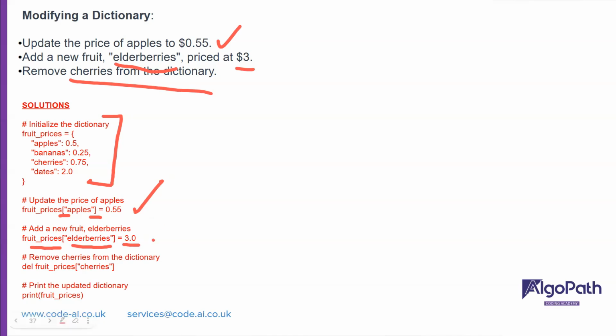Maybe they're out of season. Maybe we don't have any left. Let's delete the fruit prices of cherries. Nothing else required, no equal sign, no value needed, just the name. Once you delete the name, that is the key, then everything gets deleted with it. And finally, print out the updated dictionary. Nice, that's a really nice exercise to get a feel for dictionaries.